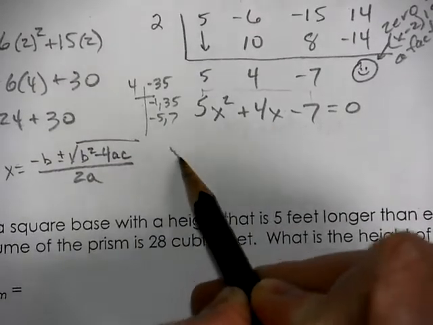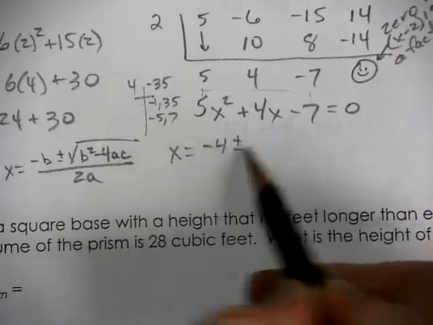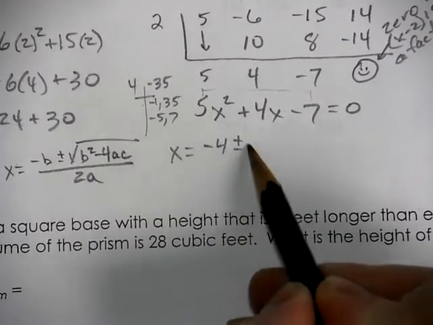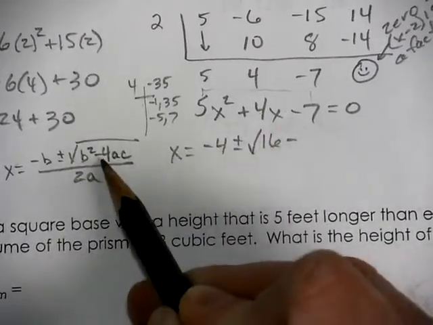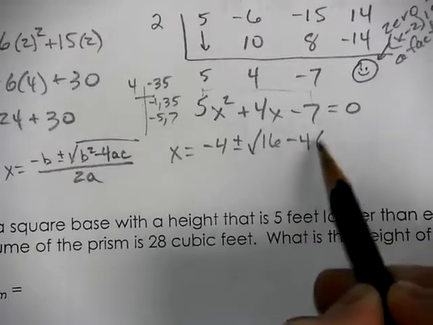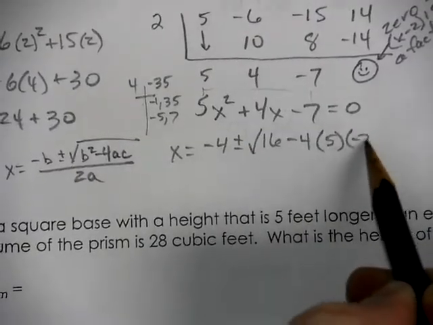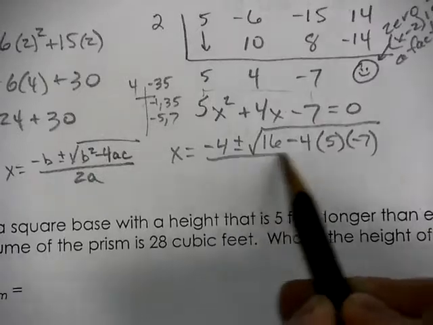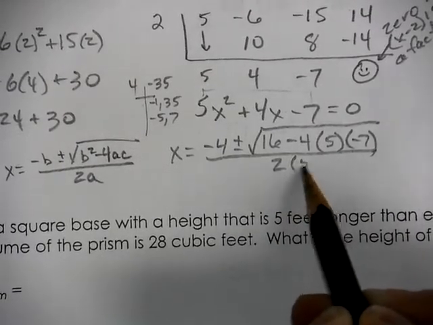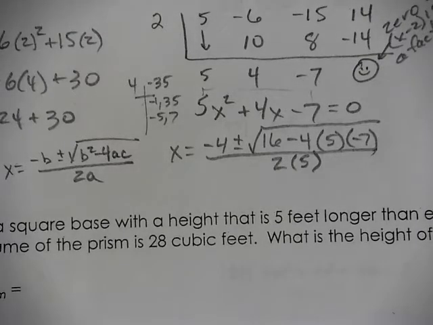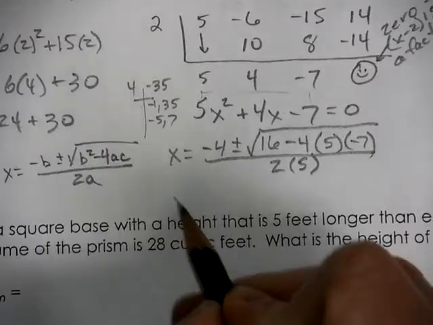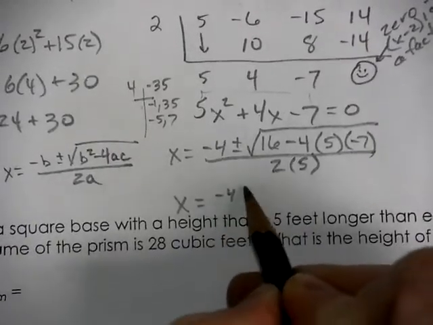That's the 4. So negative 4 plus or minus the square root of b squared, so that's 16, minus 4 times a, which is 5, times c, which is negative 7, all over 2 times a. If you can't factor it to solve it, it doesn't mean it doesn't cross the x-axis. That's what we're looking for. Where does it cross the x-axis? We can use another method called the quadratic formula.